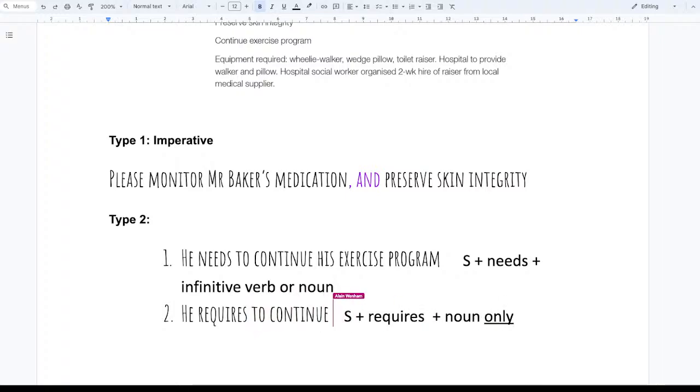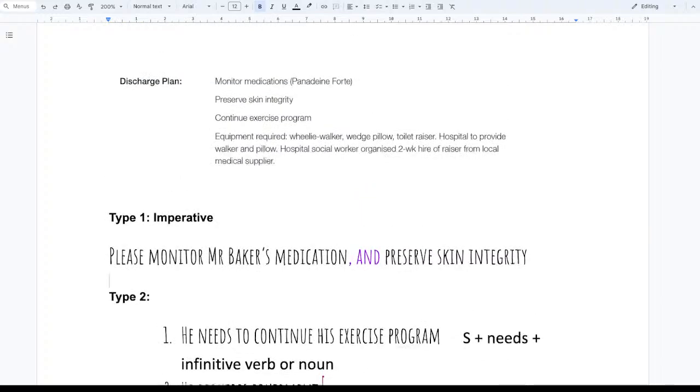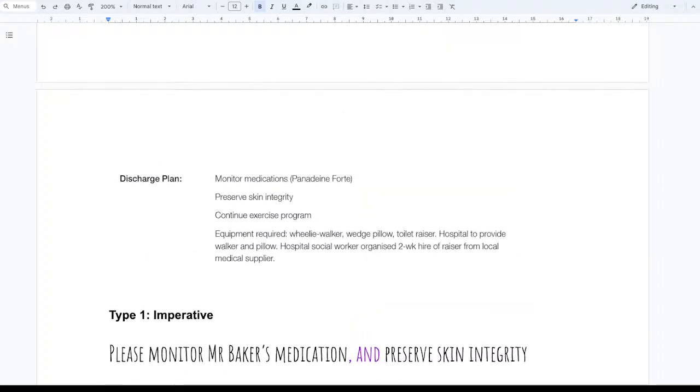No, that's incorrect. I cannot use that one. I think it's not very easy to find what to say here. Use needs. Okay. But I could say he requires equipment. Right? Because we have number 4 here. If you have a look here, number 4, 1, 2, 3, 4, equipment required.